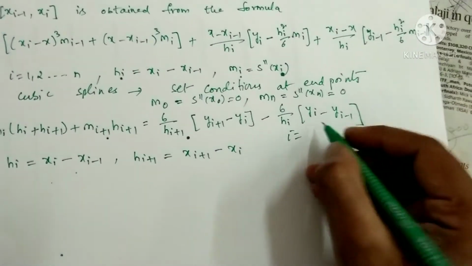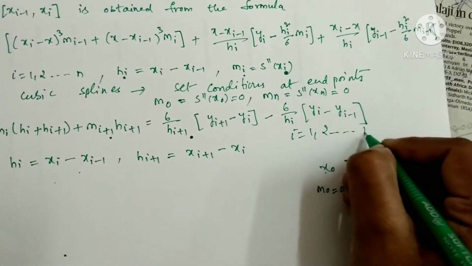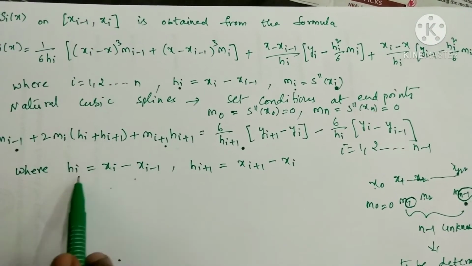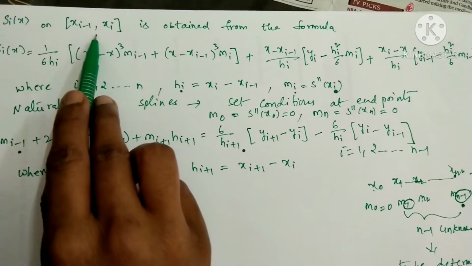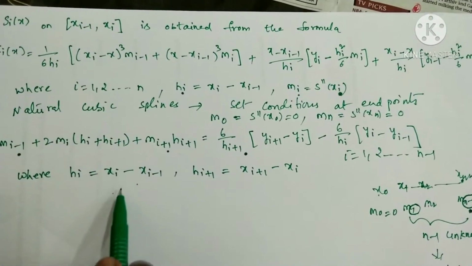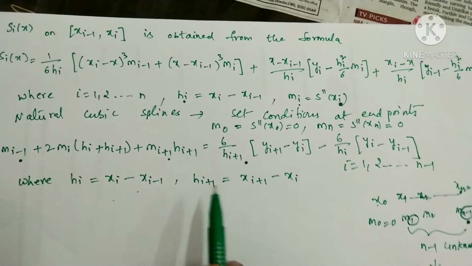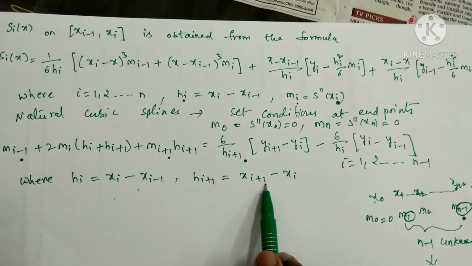So we must give i values as 1, 2, 3 and so on n minus 1. And then we can see h(i+1) in the formula. hi is nothing but the length of the interval [x(i-1), xi], so hi = xi - x(i-1), so that h(i+1) = x(i+1) - xi.